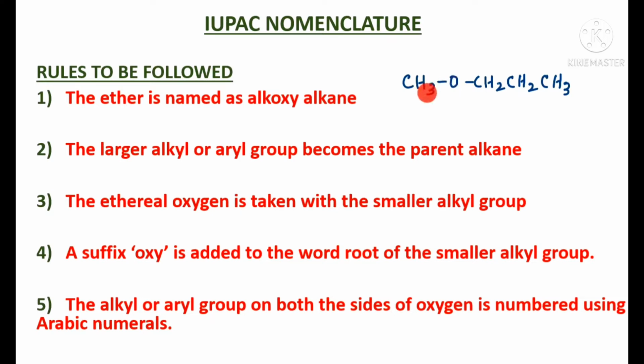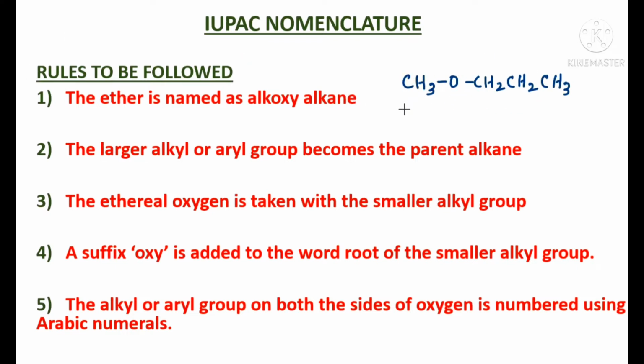Okay. Now how to write the name? See, a suffix oxy is added to the word root of the smaller alkyl group. So while you are writing, you should add the suffix oxy at the back of the smaller alkyl group. Understood? So how will you write the name of this compound?